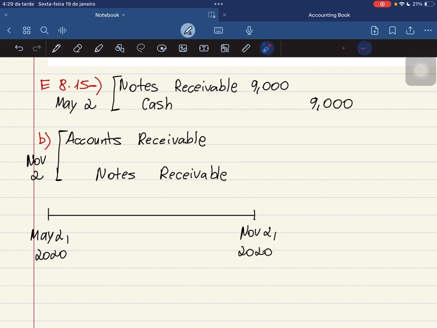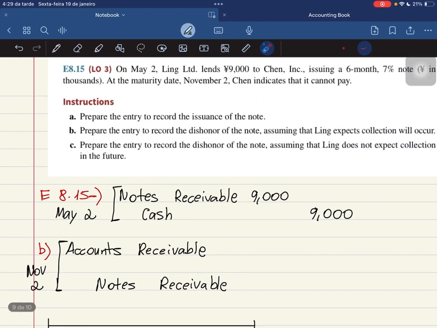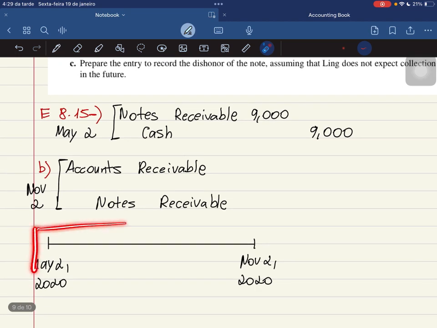Every time we have accrued interest, you're going to have an option saying the company accrues interest on December 31st, for example. That means that between May and November, the company would accrue the interest on December 31st. And because it accrues the interest, it separates the interest. That's why we would have two types of interest.